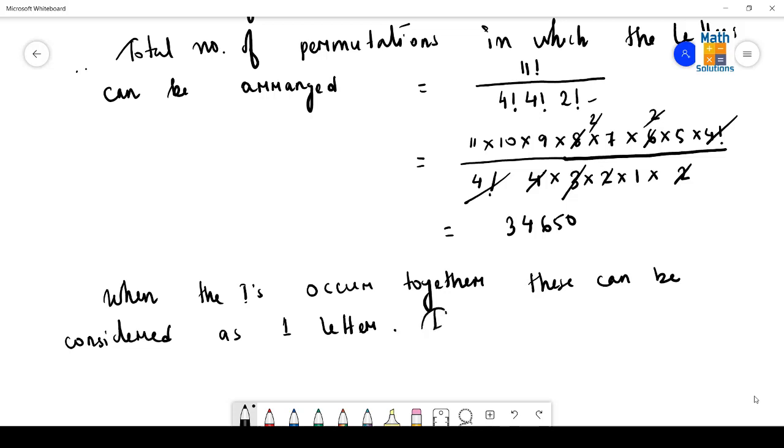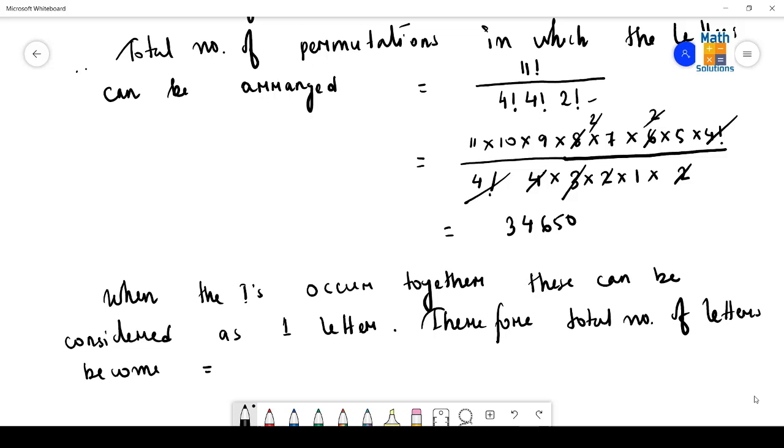Therefore the total number of letters become less than 11 letters.